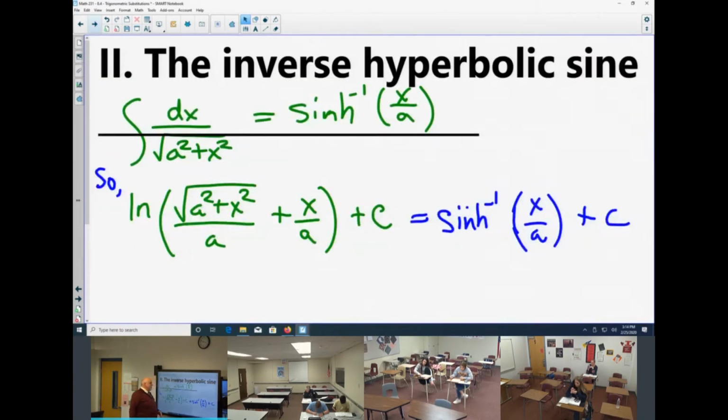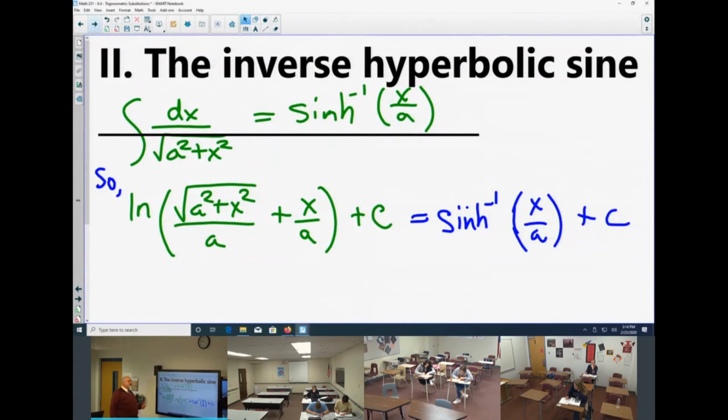Okay, so now you might recall from chapter 7 that the integral of dx over radical a squared plus x squared was also the inverse sinh of x over a.